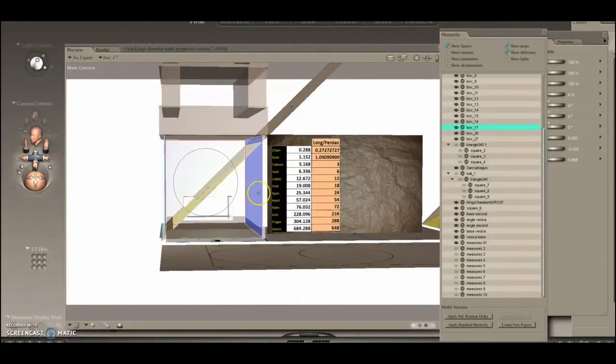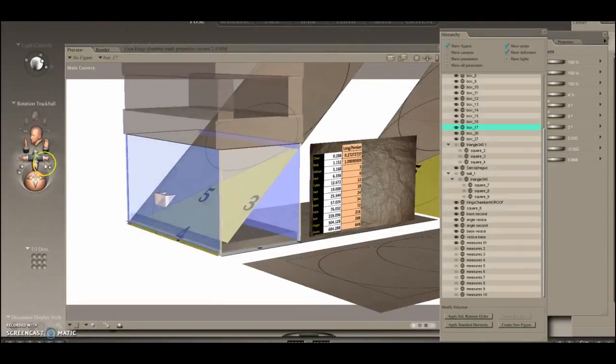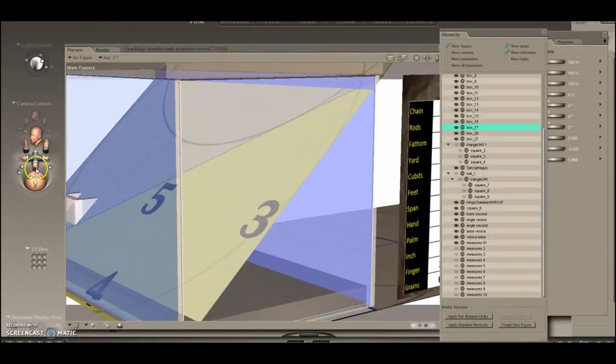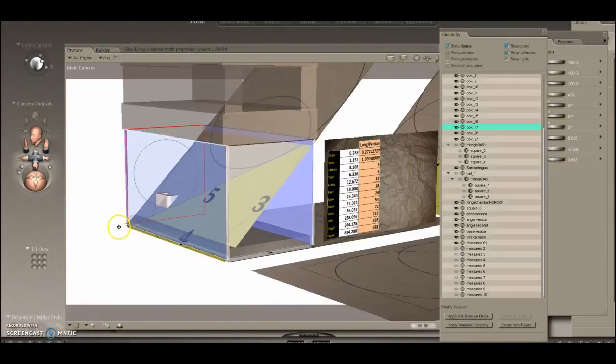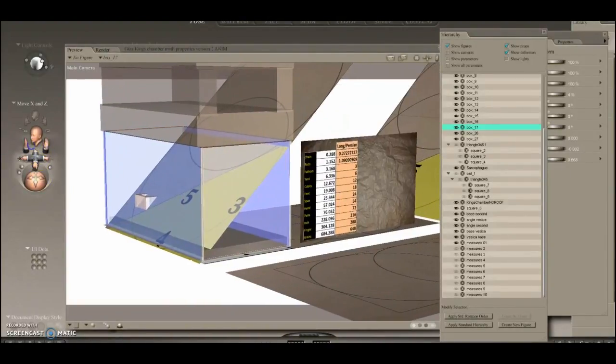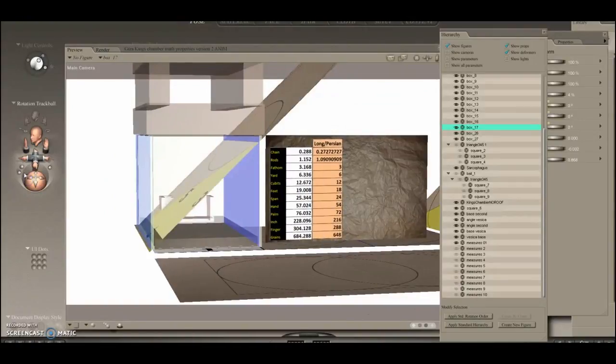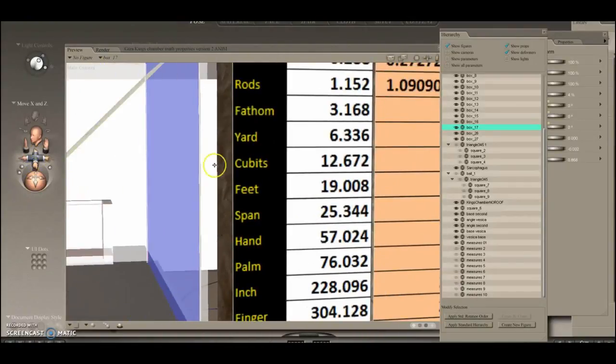What we have is the height of the King's Chamber. Okay, so you have the floor, but around the floor there's a groove. And again, with the flooring and the paving stones there has been a little bit of shenanigans going on, but the height of the chamber itself, once you do the sums, brings us to 19.008 feet.